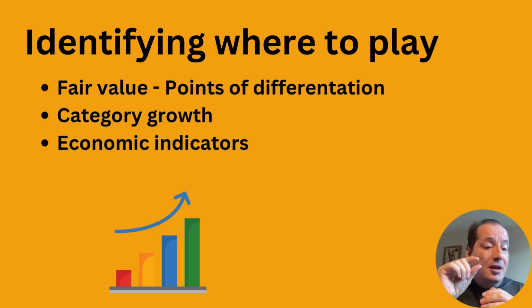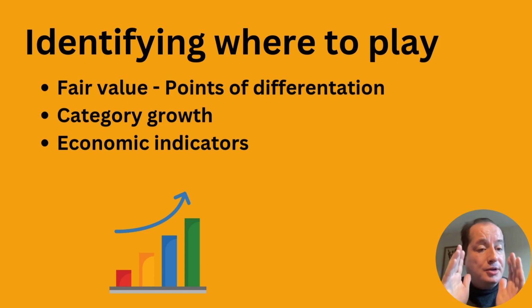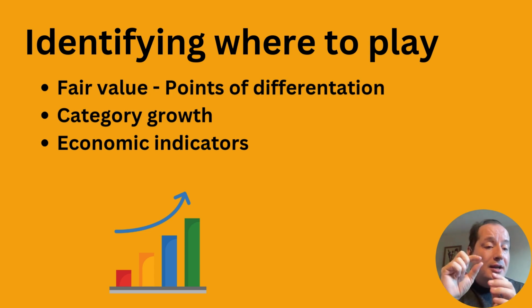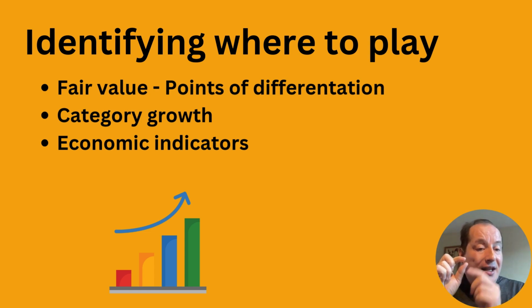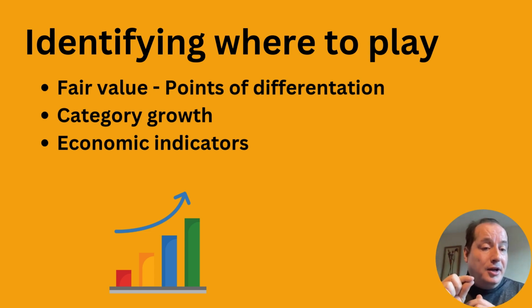Let's say peanut butter needs to have chunks of nuts in it, and that is the standard. You have the smooth variety and the nut variety, but I'm just taking this as an example. If you are the only one who doesn't add that, then you are below fair value.